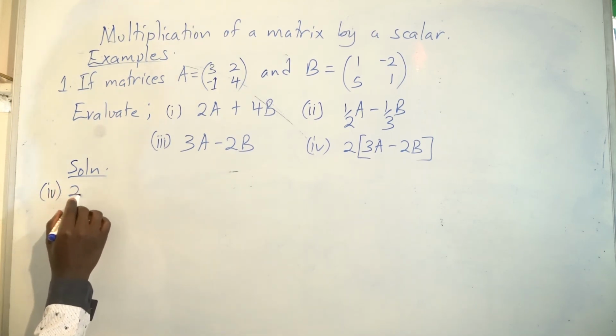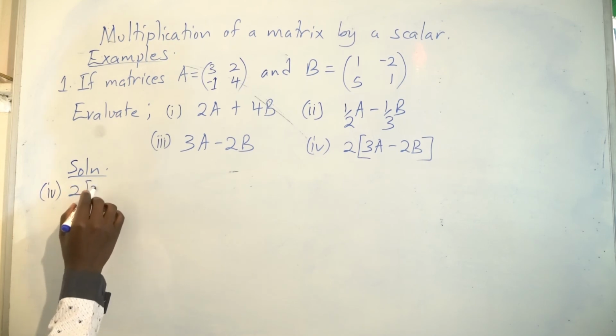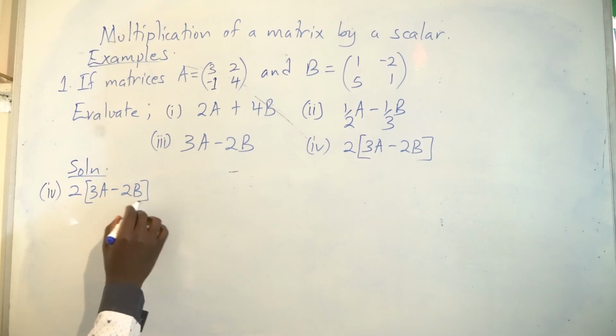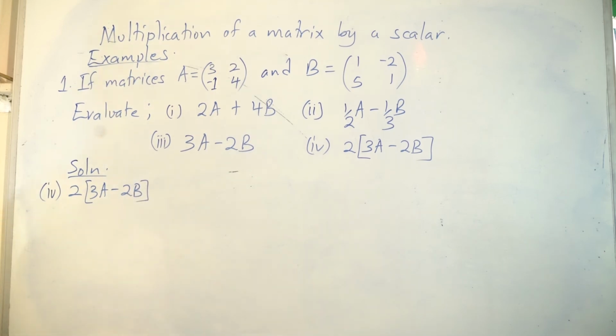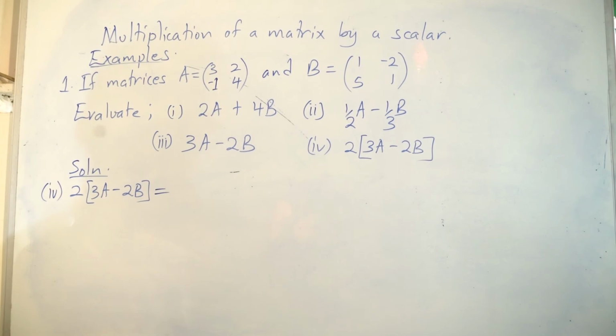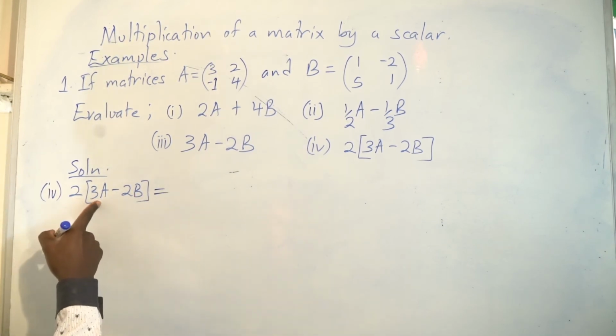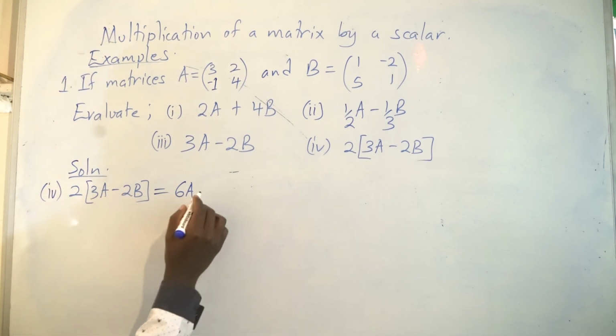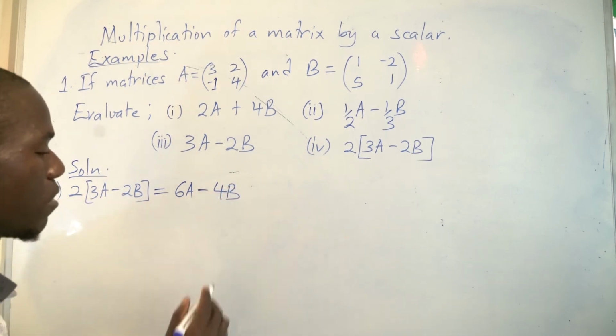So Roman 4, that is 2 into my 3A minus the 2B. Now in mathematics we have so many ways of killing a rat. One person can first expand, that is opening the brackets. That is to have the 2 times the 3A to be 6A, then that one to have 4B.